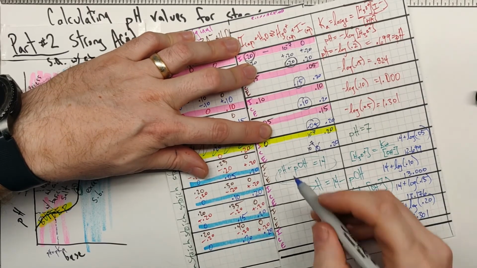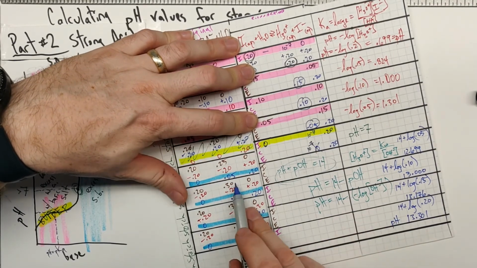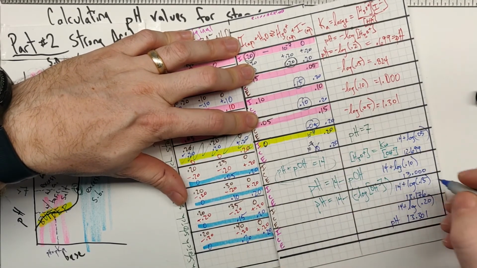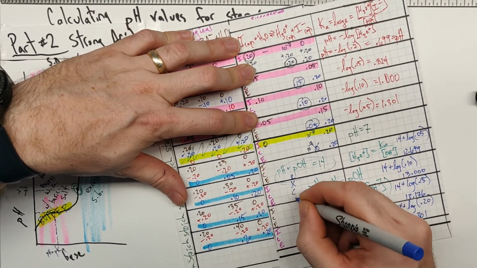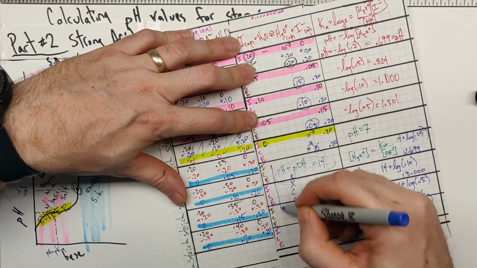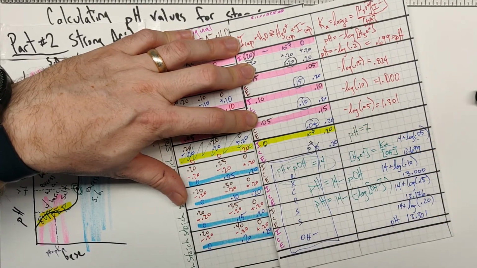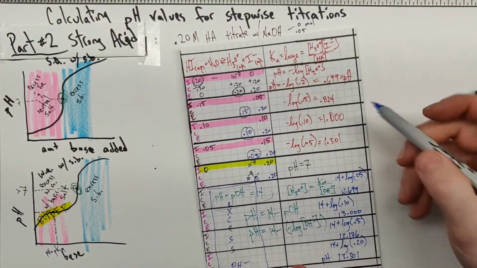All right, and again, each of these was an addition of 0.05 moles of that OH minus. So for these right here, we had excess OH minus. And so we calculated it that way. And a quick glance at how these numbers match up to our picture.